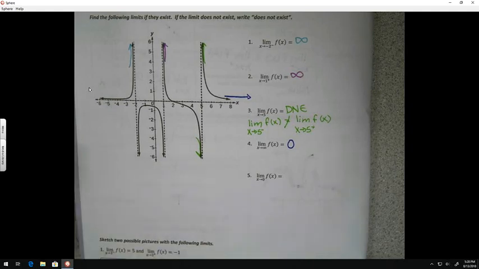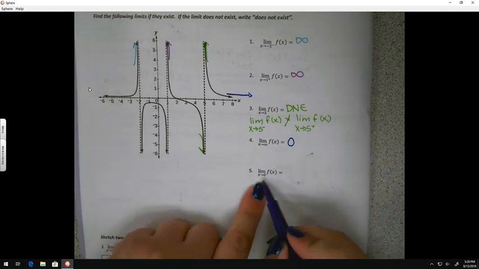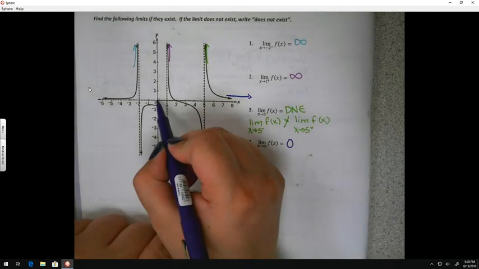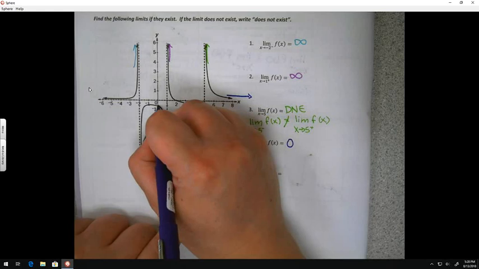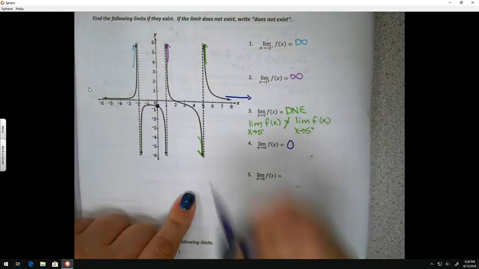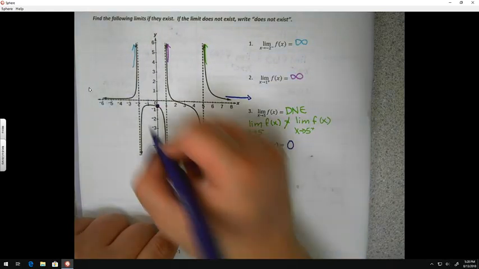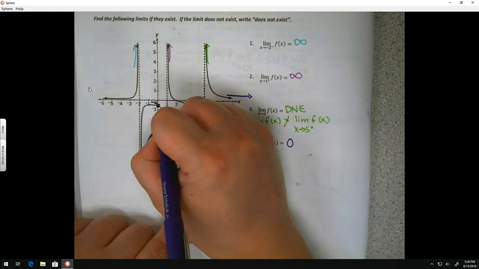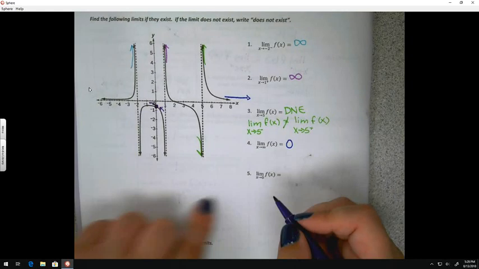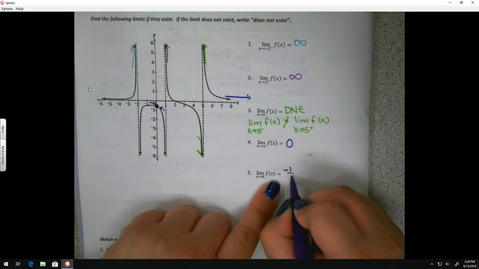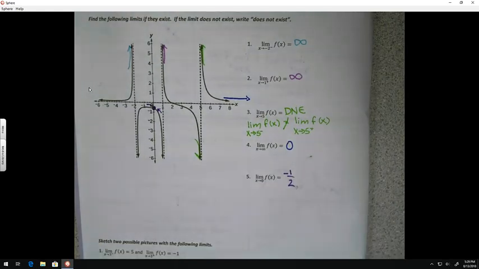Okay, and then we have one more to look at, the limit as x approaches 0 of f of x. Well, here's x equals 0, and there is a function value right there. So if we look at it, we can look from the left and the right, and we can see that that value is -1/2. Okay, it's between 0 and -1.